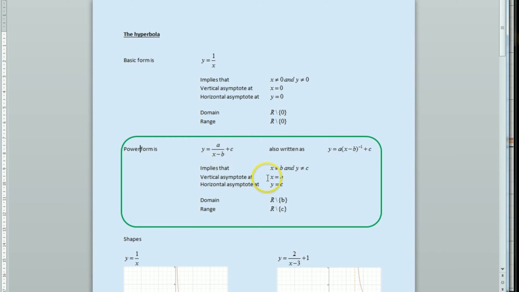Our vertical asymptote is at the line x equals b. Our horizontal asymptote is the line y equals c. The domain of this function is all of the real values except for x equals b, and our range is all of the real values except for y equals c.